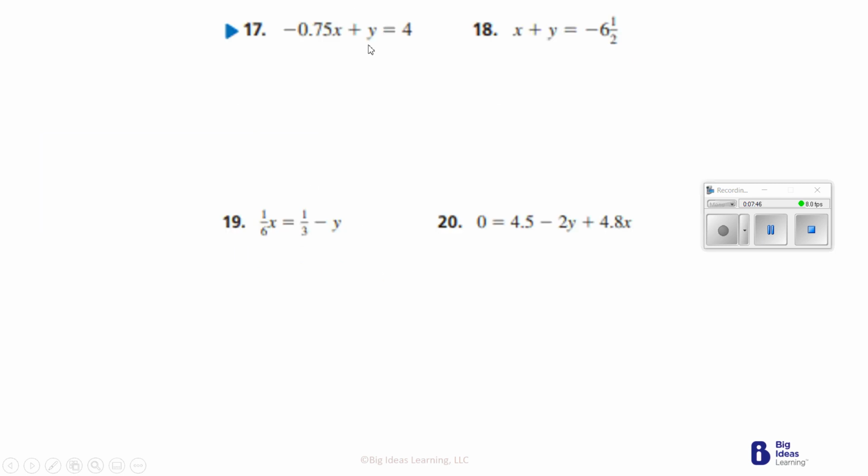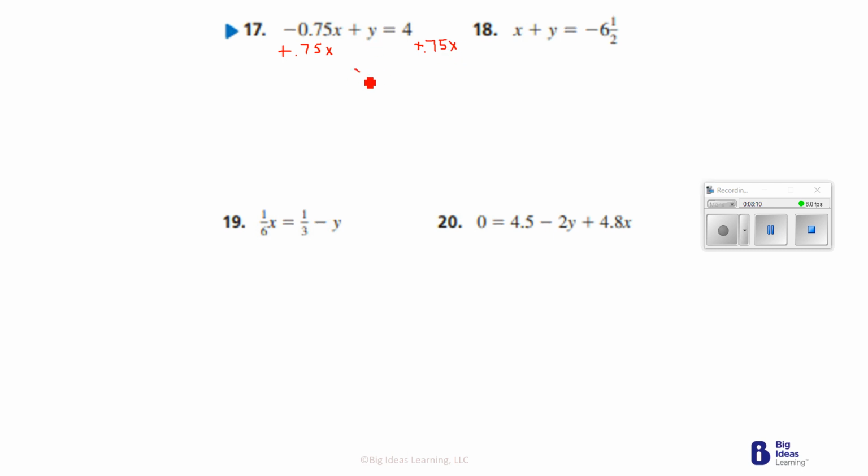17 is mine to do. We can rearrange this to show, let's see, slope formula. We could take this and put plus 0.75x, which means we have to add 0.75x over here.